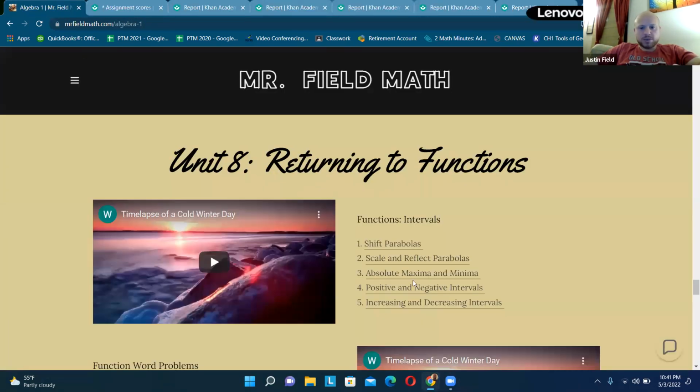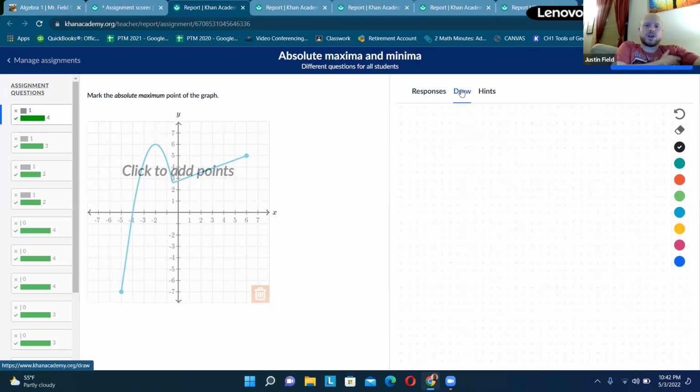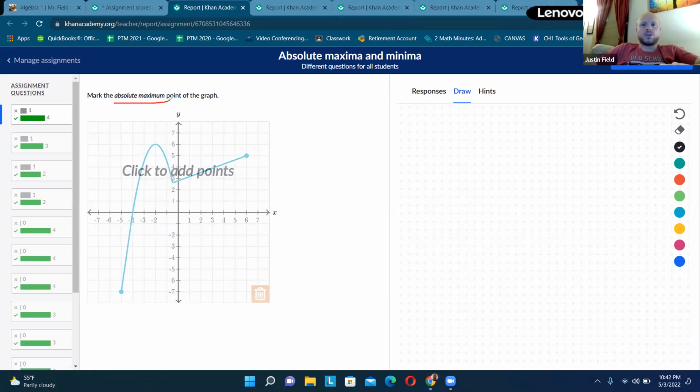What's the next assignment? Absolute max and min, according to Mr. Field Math. So here we go. Oh, this one was pretty simple, right? So we did relative max and min, which was the relatively high points in a certain region of the graph. But absolute has to be the highest point or the lowest point, and not all functions have them.